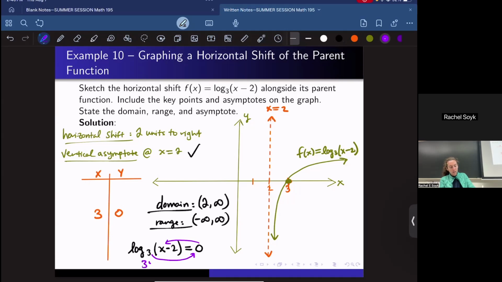So we have 3 to the 0 gives you x minus 2, but we also know 3 to the 0 is 1. So it's a key point that we can compute without a calculator. Because then we just set x minus 2 equal to 1, and then we solve and we get x is equal to 3. Does that make sense? Any other questions?